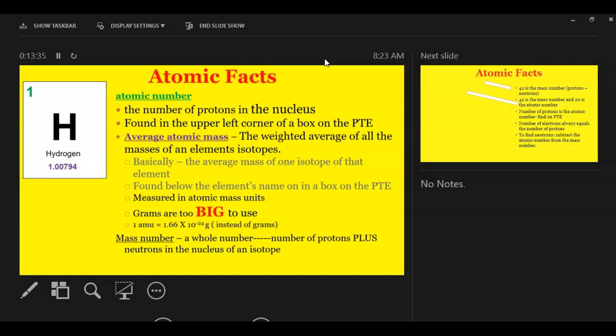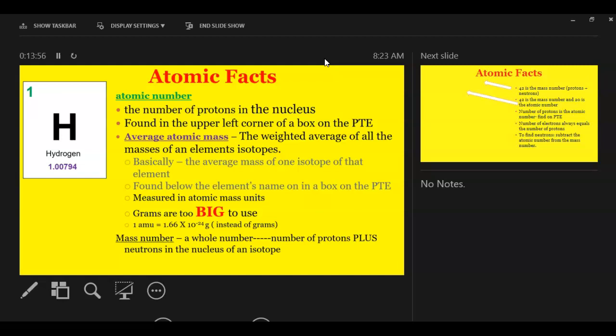If I know how many protons there are, I automatically know how many electrons, right? The two are always equal, correct? Neutrons is a different story, okay? So this atomic number tells me how many protons are in the nucleus. If I know protons, I automatically know electrons.